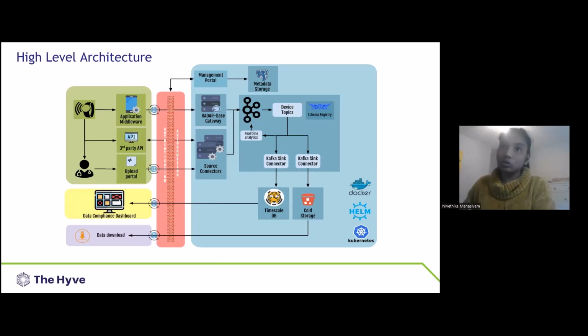And it will also check if the data is conforming to the schema that is expected, and then it will transfer it further down the line in the pipeline. And all of the data that comes in is also checked with the management portal to make sure that it's authenticated and authorized to do certain actions that it's meant to do.